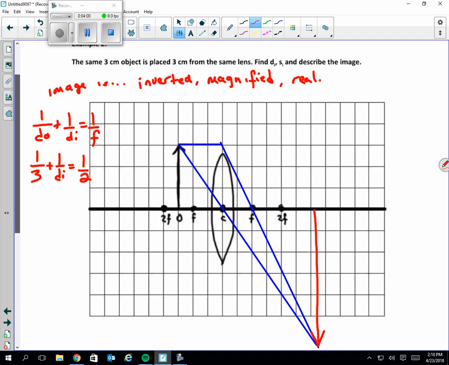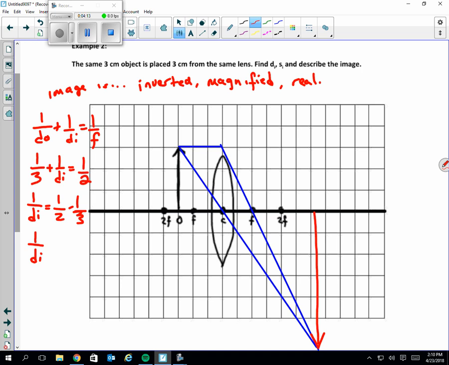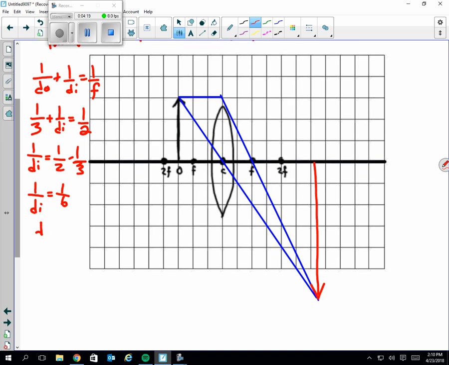The focal length is still 2. 1 over DI equals 1 half minus 1/3. Again, the common denominator is 6. So this time it's going to be 3/6 minus 2/6, so 1/6. So then DI ends up being 6.